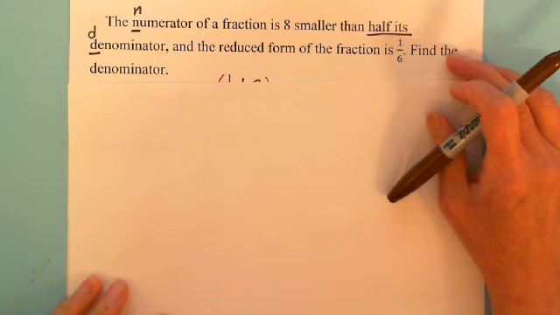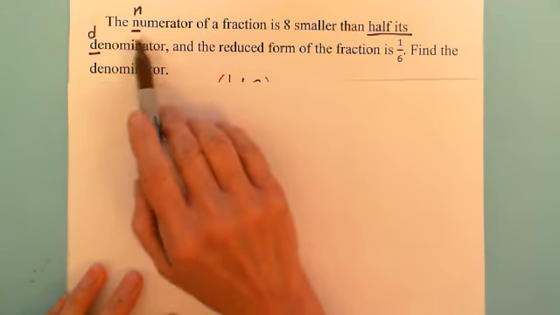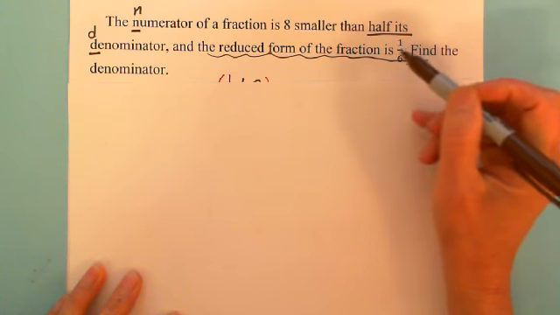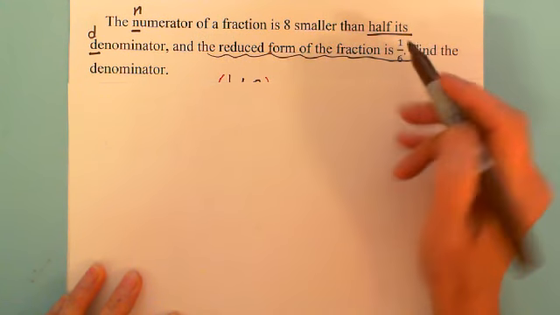So how do we do guessing and check in this question? The first sentence says the numerator of the fraction is 8 smaller than half its denominator, and the reduced form is 1 over 6. This is the key: reduced form is 1 over 6.